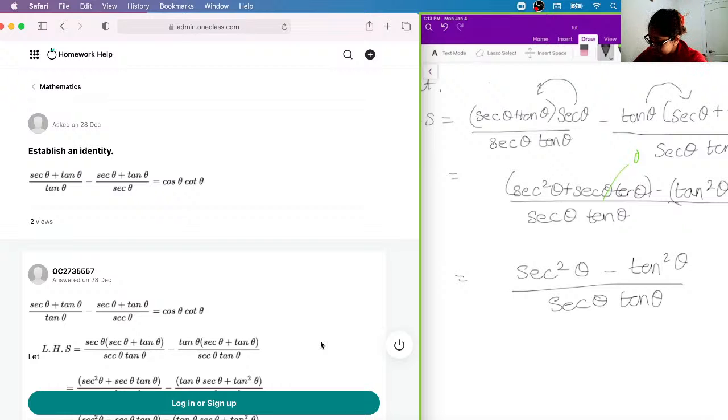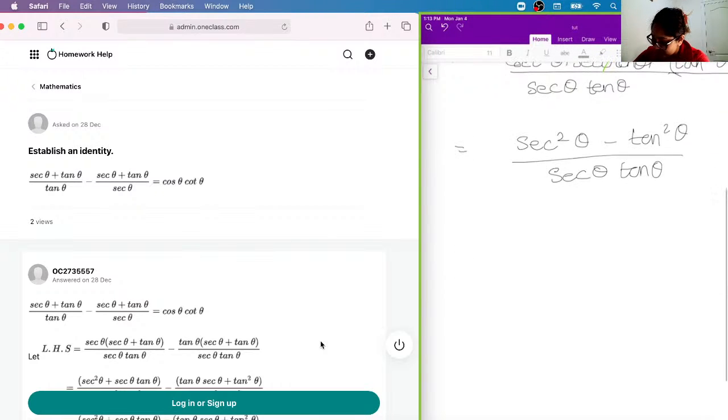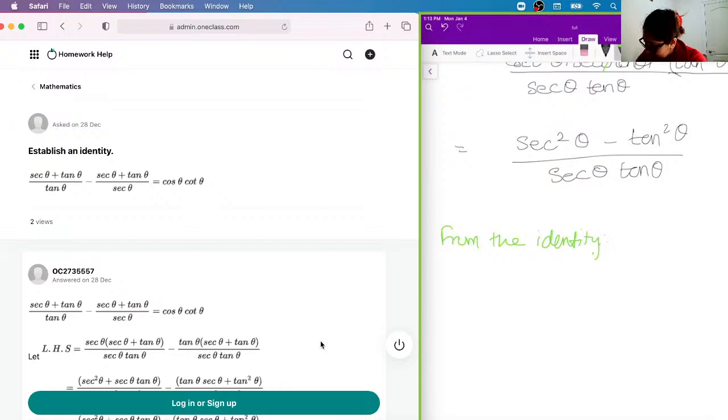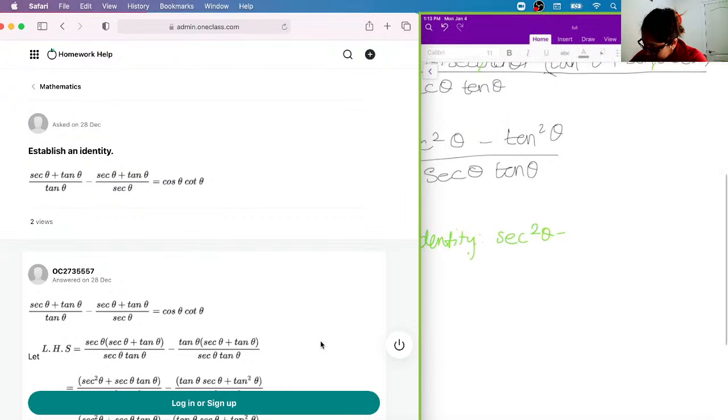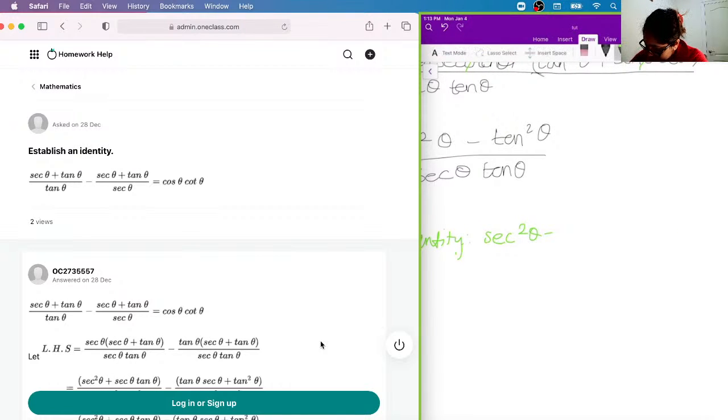Okay. So if you guys recall, since we factored and simplified it, we can further simplify it from the identity. From the identity, you guys recall that secant squared theta minus tan squared theta is equal to 1.